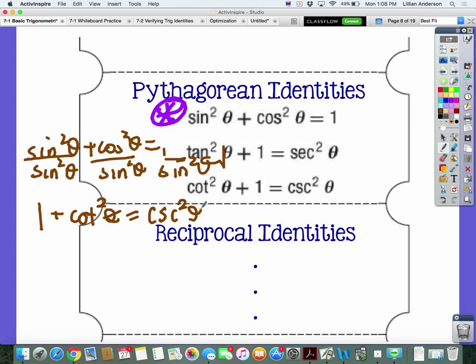So you can actually recreate that bottom and that middle equation just by dividing each term by sine squared as well as each term by cosine squared.